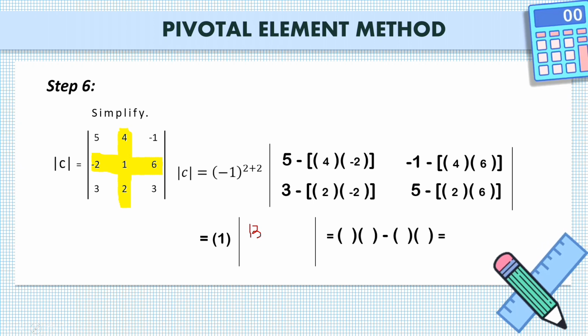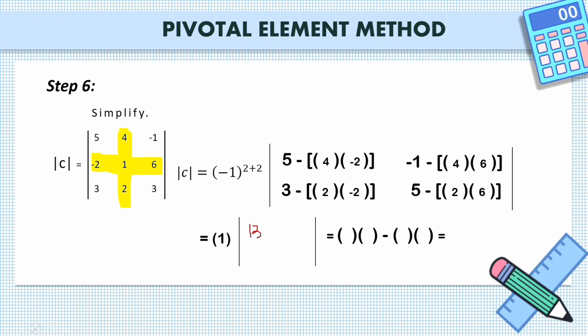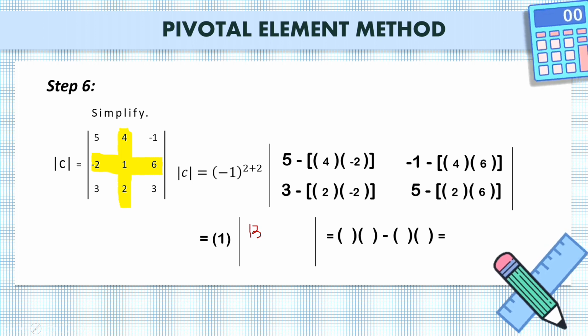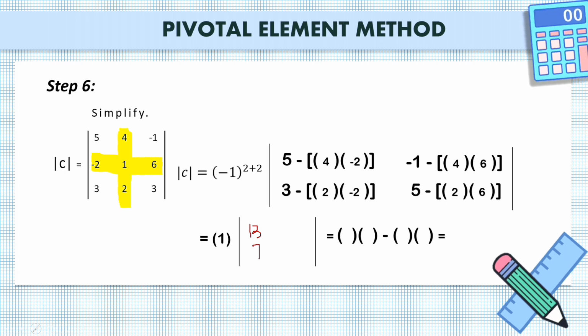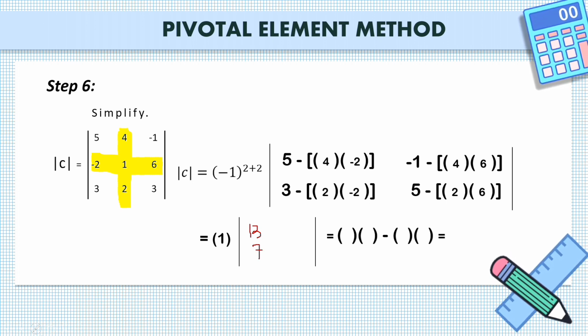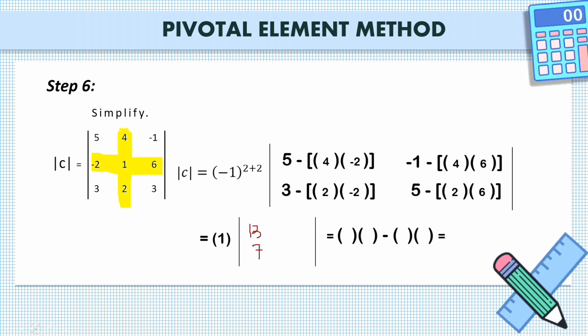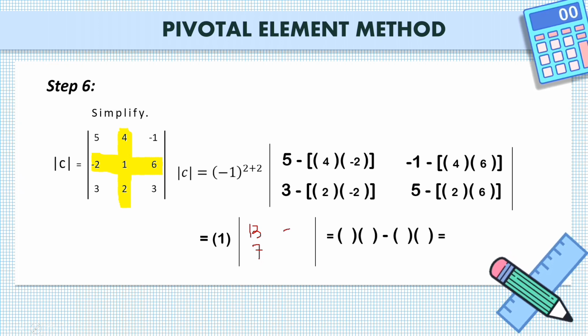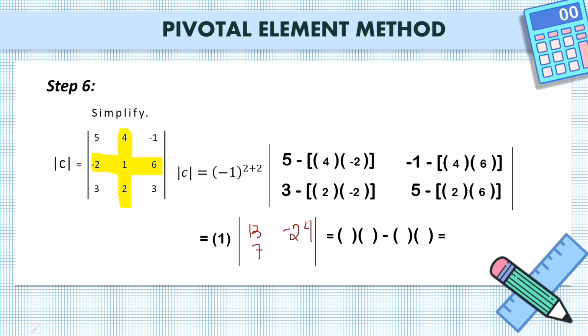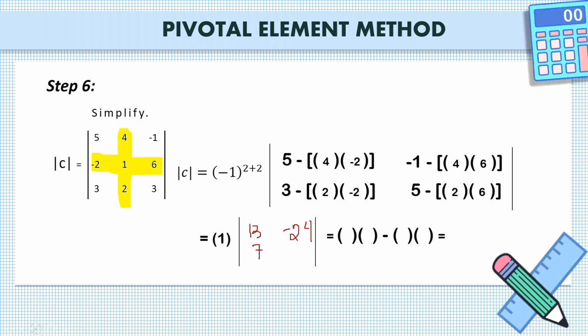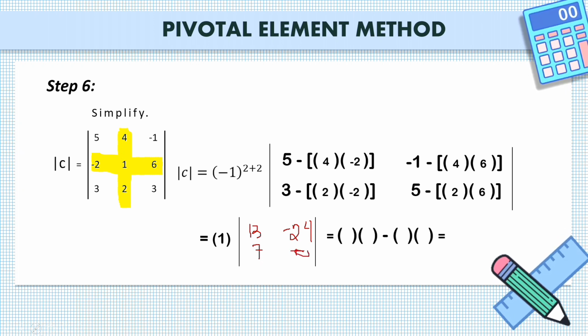Ayan, okay? Next, 2 multiplied by negative 2 minus 3 is equal to 7. And 4 multiplied by 6 minus negative 1 is equal to negative 24. 2 multiplied by 6 minus 5 is equal to 9.